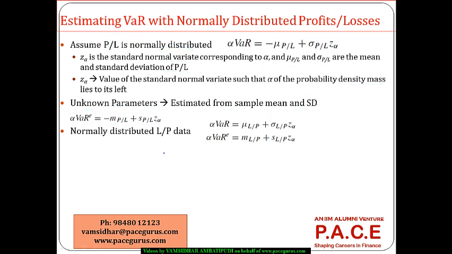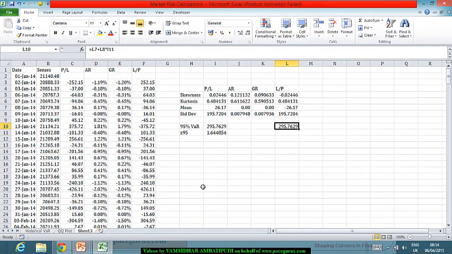If I am going with the profit loss data, the 95% VaR is nothing but minus mean plus Z alpha times the standard deviation. Whereas if I am going with the LP data, which is normally distributed, I will take it as mean plus Z alpha times the standard deviation.